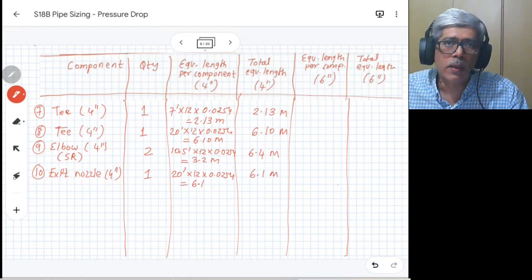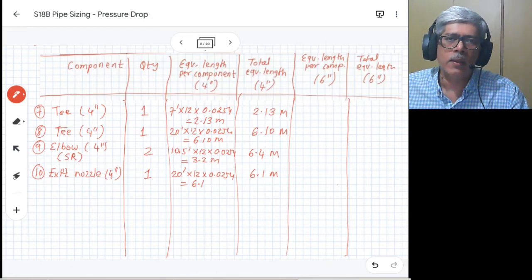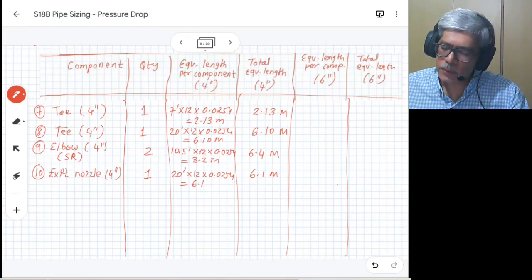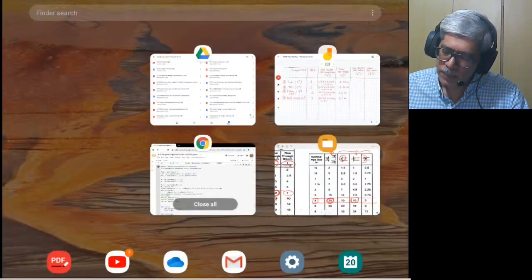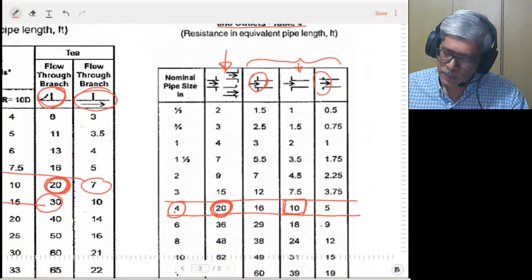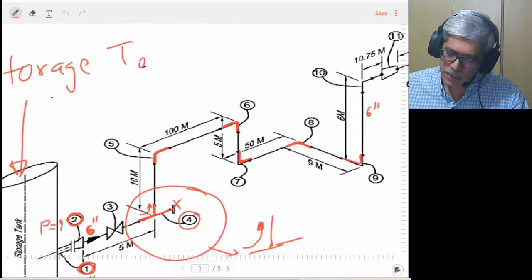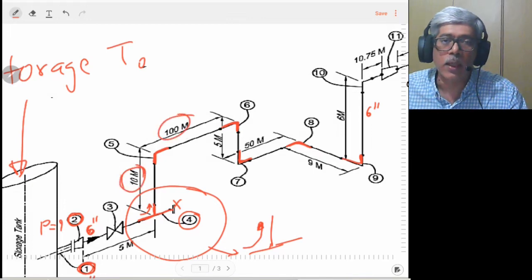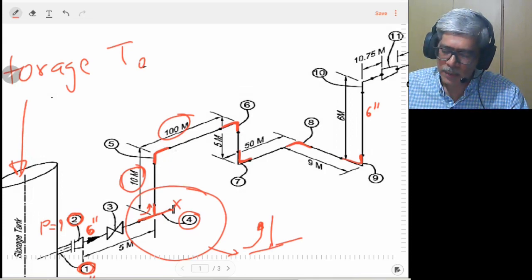So we have covered all non-straight components in this pipeline corresponding to both 4-inch and 6-inch. Now we have to add all the actual straight pipelines. In the piping layout which is given, the dimensions of the pipeline are mentioned in the drawing. So we have to add up all the 6-inch pipeline lengths and all the 4-inch pipeline lengths.